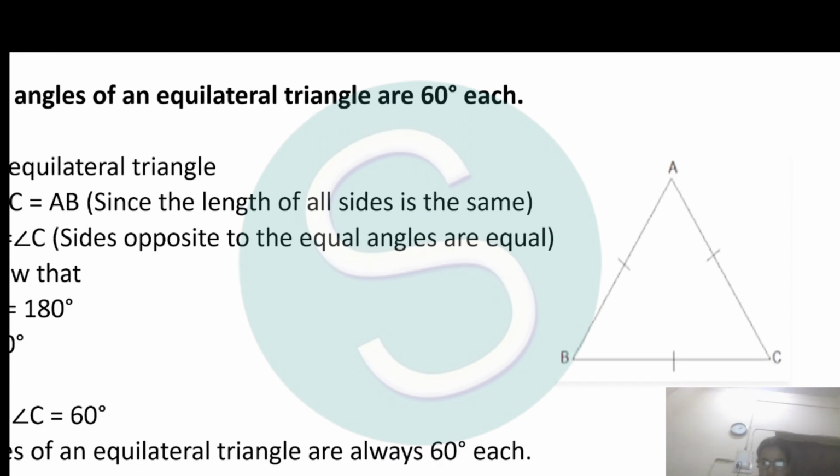So this results that if AB equals AC, then C equals B. Similarly, if I consider BC equals AC, right? This implies angle A equals angle C. So previously we have proved that A equals B, and B equals C. And now we proved C equals A. So this implies all three angles are equal.